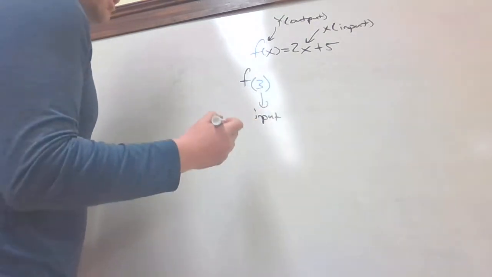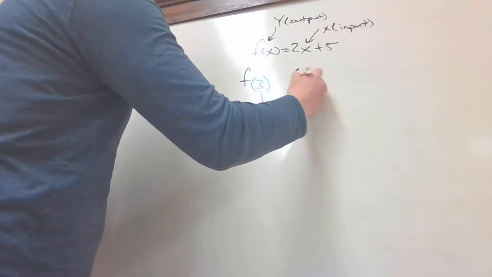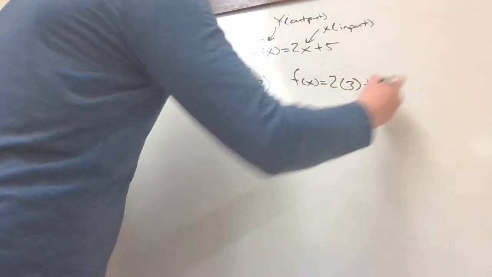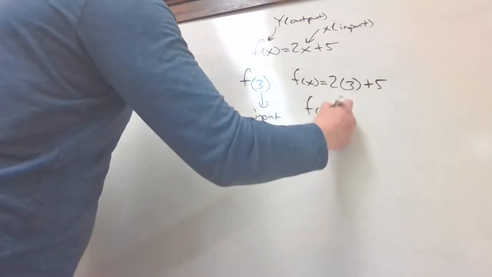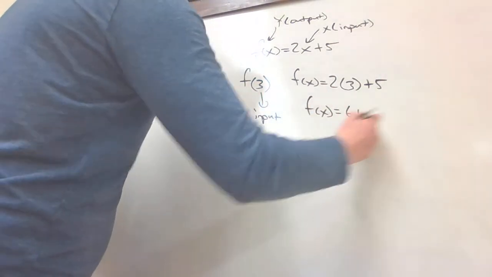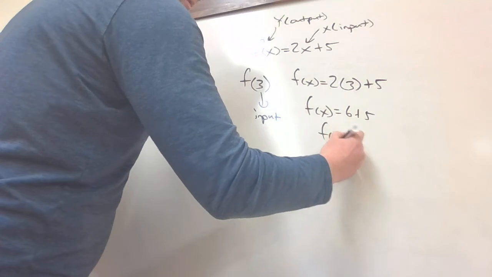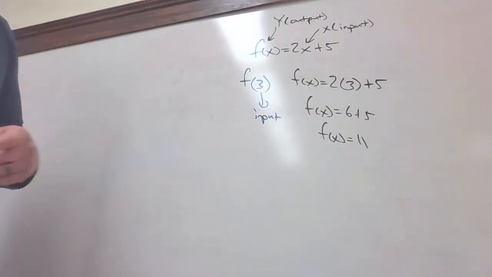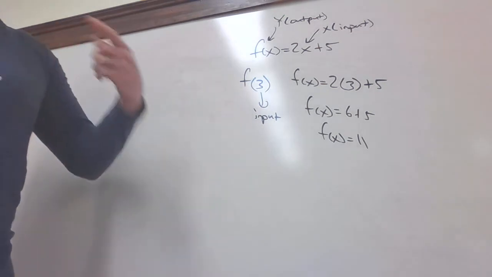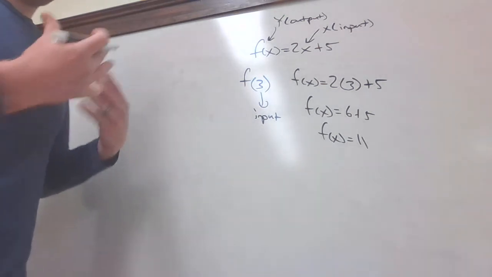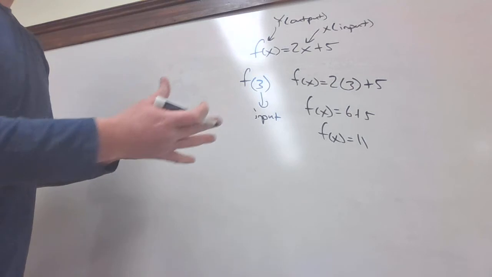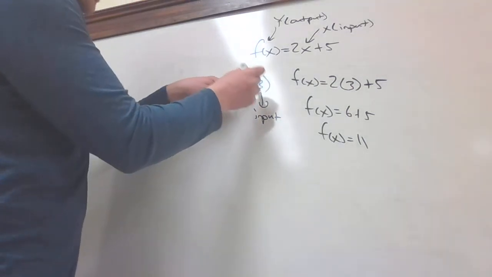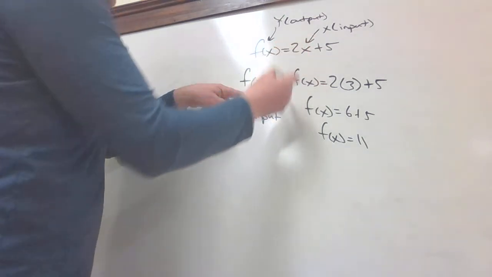So the way you would solve this is f of x equals 2 times 3 plus 5. So f of x equals 6 plus 5. So your output, f of x equals 11. That's how you do that. The vocabulary and the process might confuse you a little bit, but when you see the number in the parentheses, it's saying put this in as the input and then solve for it.